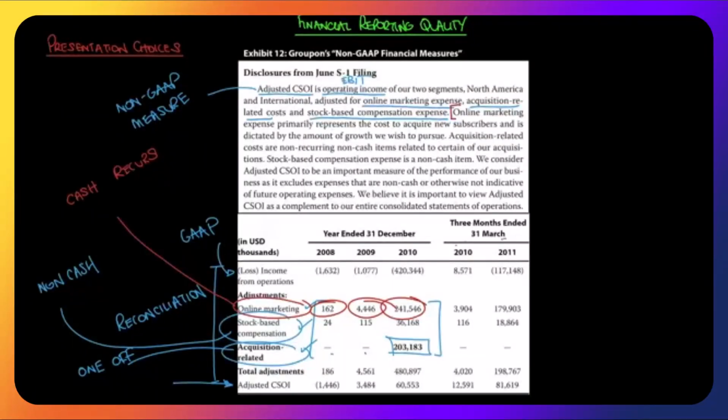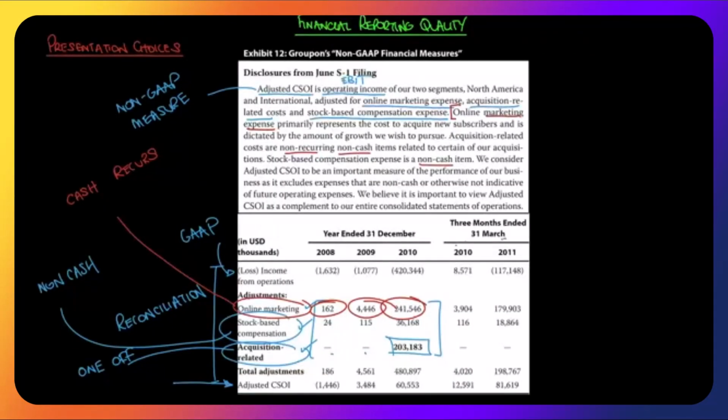Online marketing expense primarily represents the cost to acquire new subscribers and is dictated by the amount of growth we wish to pursue. I would say what they've defined there is marketing expense. Acquisition-related costs are non-recurring, non-cash items. Okay, non-recurring, non-cash. Yeah, we said that. Stock-based compensation is non-cash. Okay.